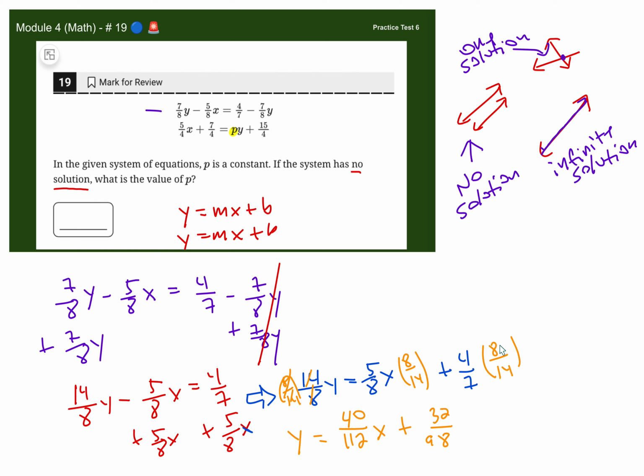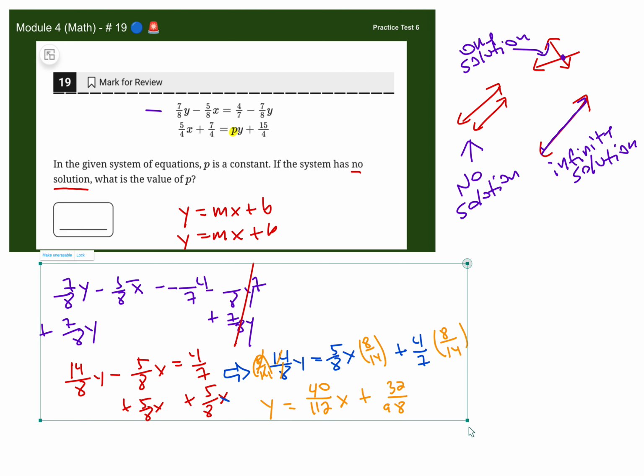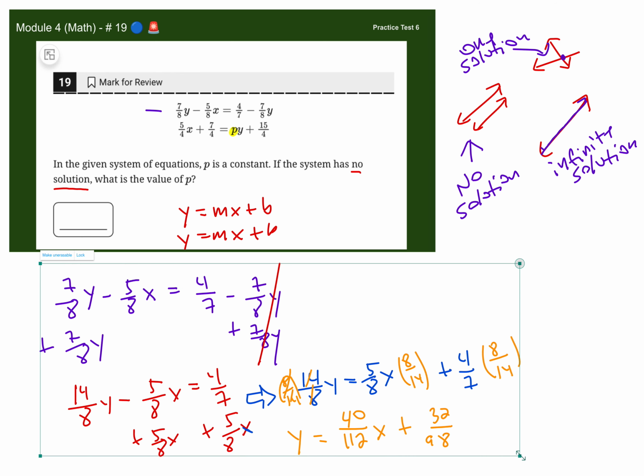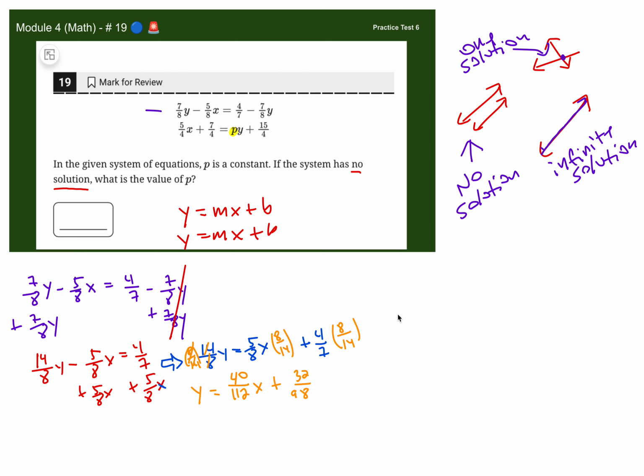Let me see here, second equation. Okay, second equation is 5 over 4x plus 7 over 4 equals py plus 15 over 4.